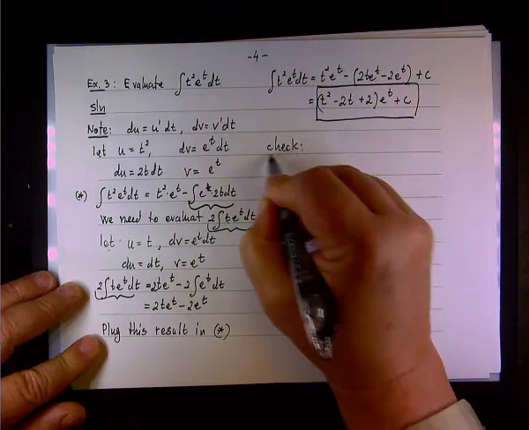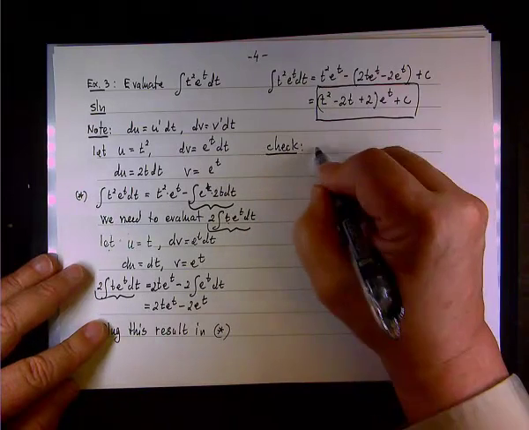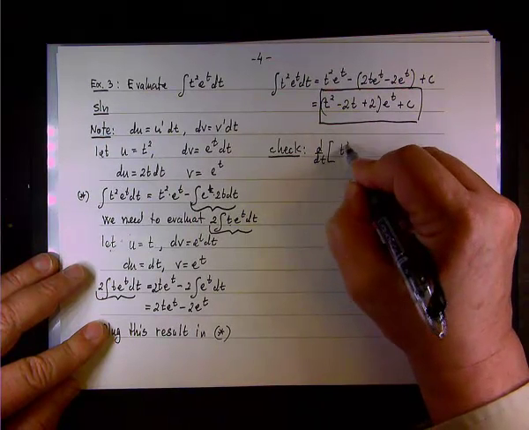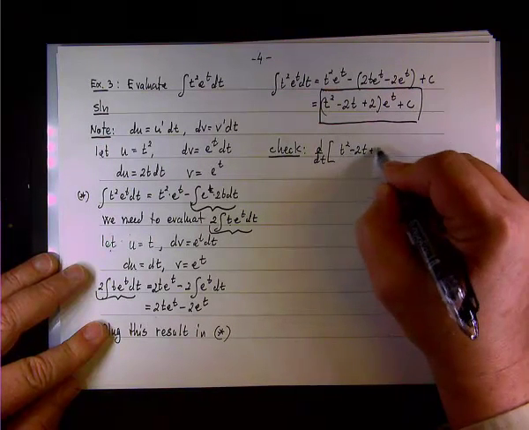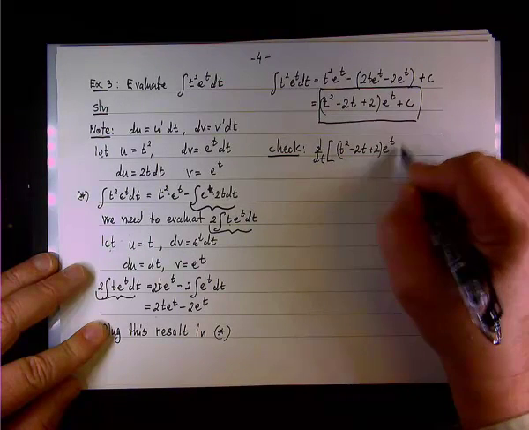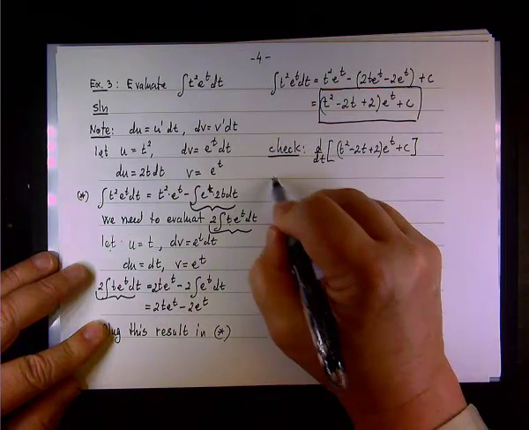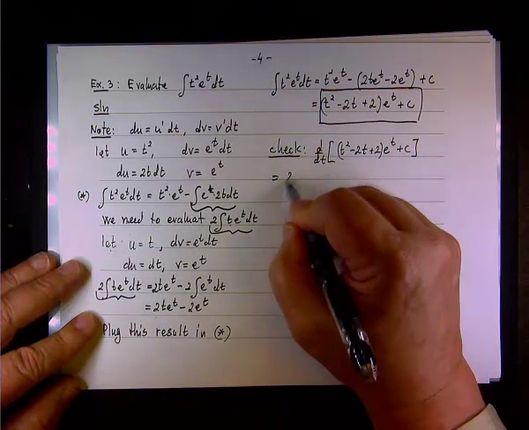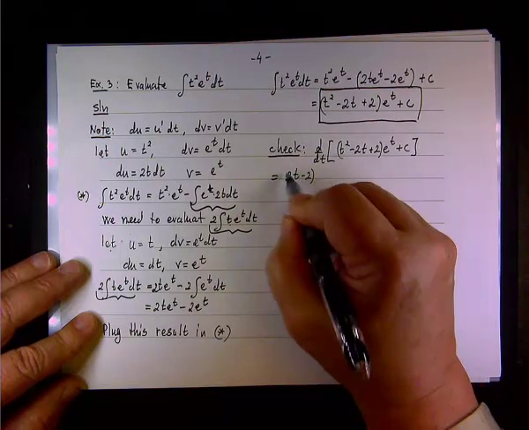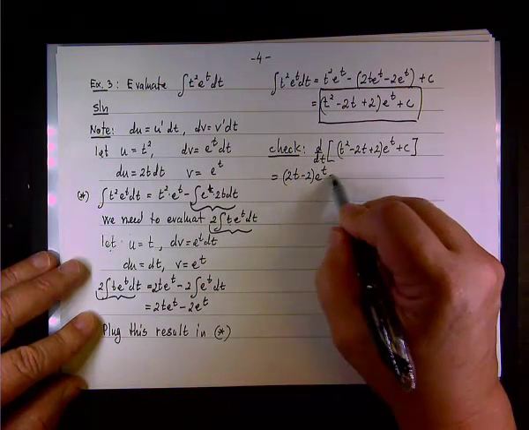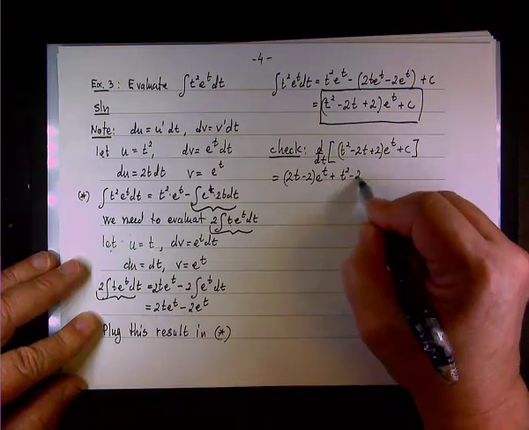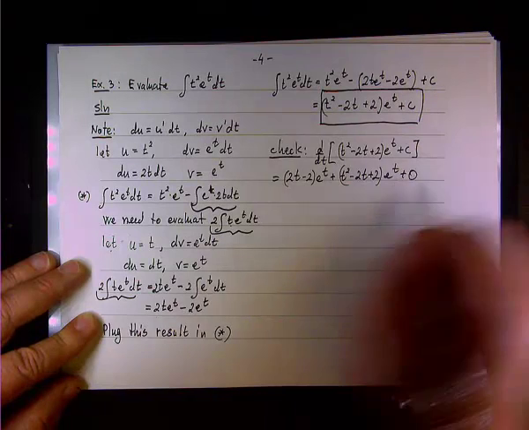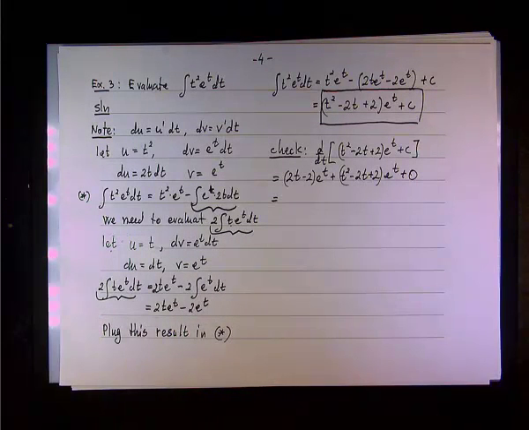Once again, I want to check it. We just take the derivative d dt of this thing. And we apply the chain rule, I'm sorry, the product rule. We have a product here. So 2t minus 2 times e to the t plus t squared minus 2t plus 2 times the derivative of e to the t, which is e to the t, plus 0.